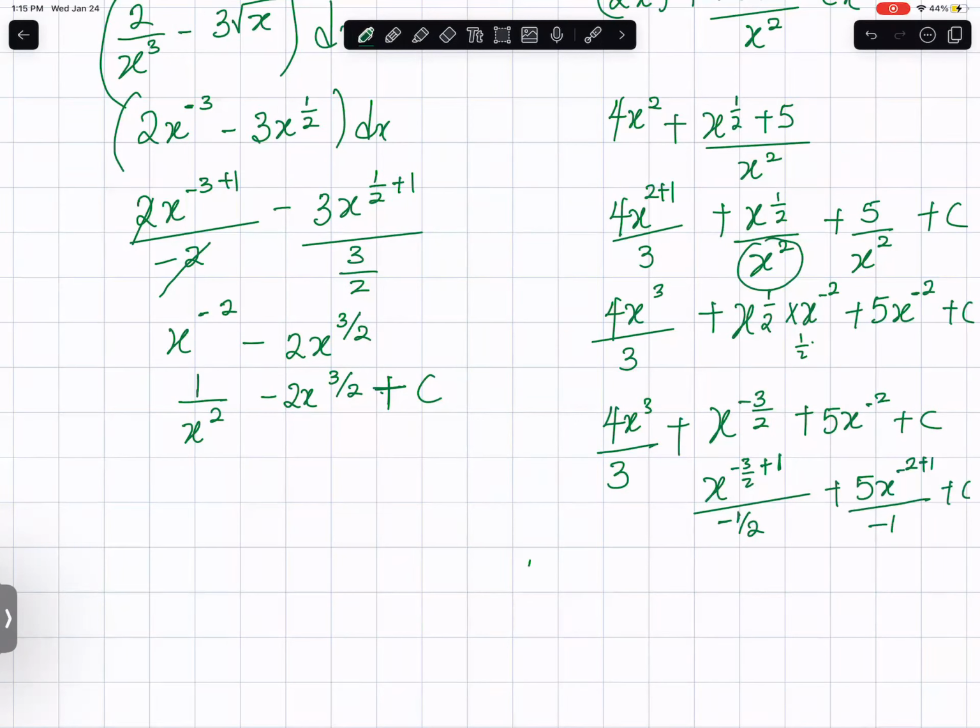We have 4x cubed over 3 plus x to the power of minus 1 over 2 divided by minus 1 over 2, plus 5, this becomes minus 5. Then we have 5x to the minus 1 over minus 1.